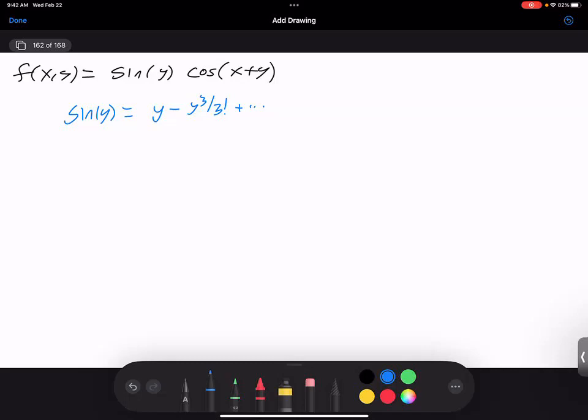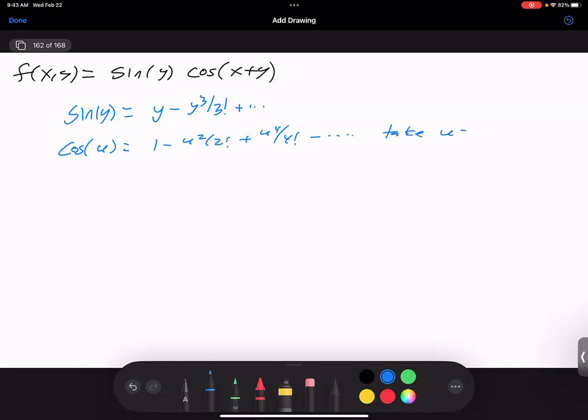So we had 3 different techniques. One of the techniques was to put in some variable u, do the series expansion for u, and then replace u with what you want. What should I take u to be here? x plus y. So cosine of u is 1 minus u squared over 2 factorial plus u to the 4th over 4 factorial minus and so on.